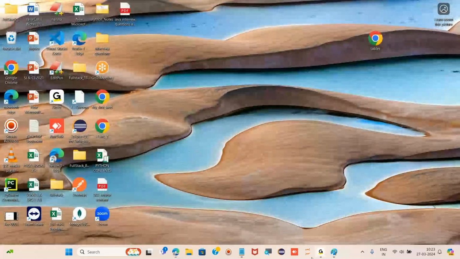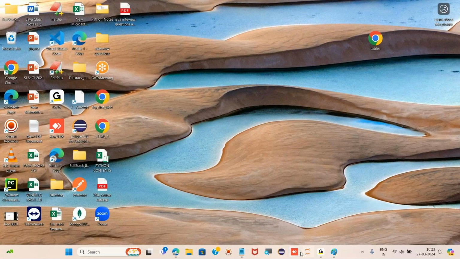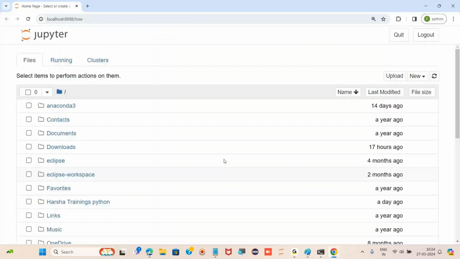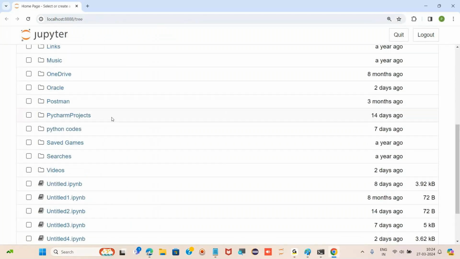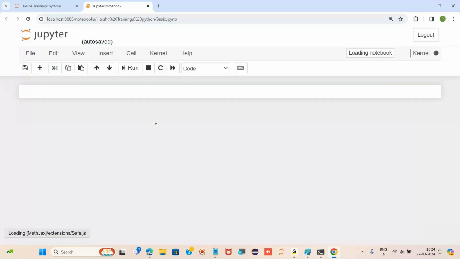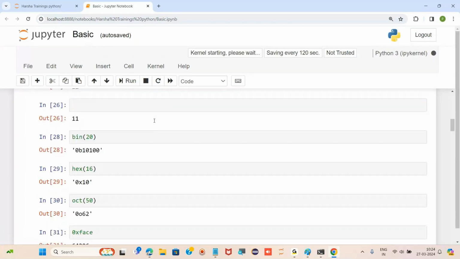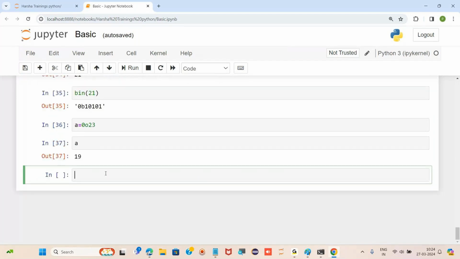Yeah, here it is. What we are seeing is we are converting decimal into octal. So we will write oct, octal of 23.